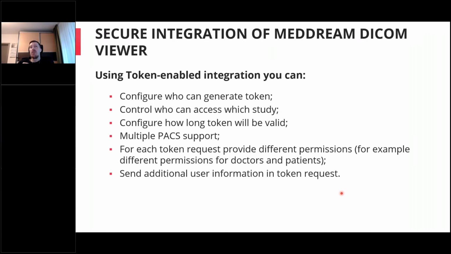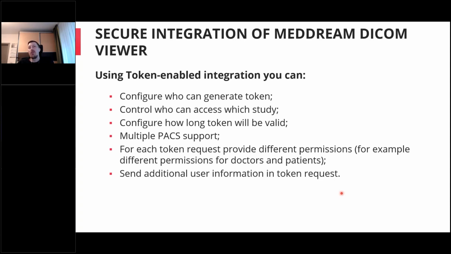And also, a very important thing is that for each token request, you can provide different permissions. So for example, if the exam is opened by the doctor or by patients, you could allow or disallow using 3D, bounding boxes, some measurements, or the forward or download possibility.